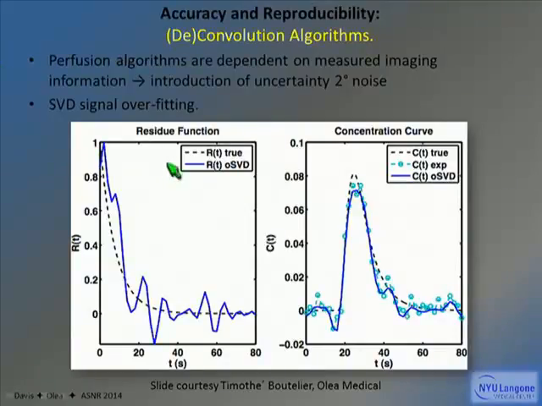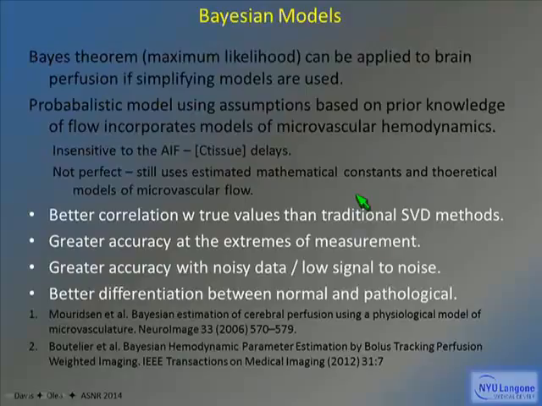So what we see here is the true value for the residue function, and this is in the blue curve, the measured value using single-value deconvolution. And we can see it approximates the curve, but it bounces all around it due to noise. Can we do better? There are different algorithms. There are different mathematical constructs to do the same thing.